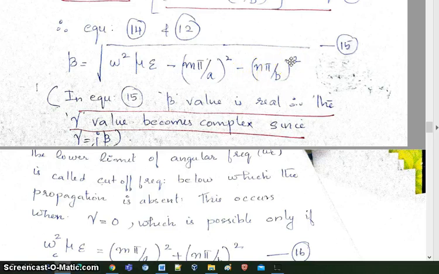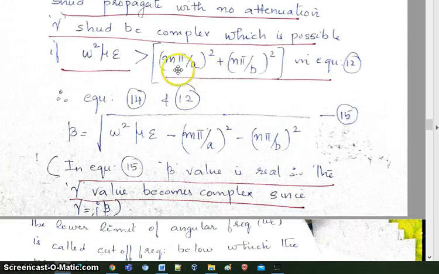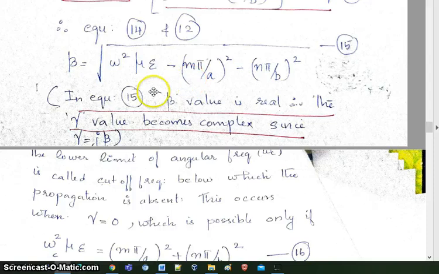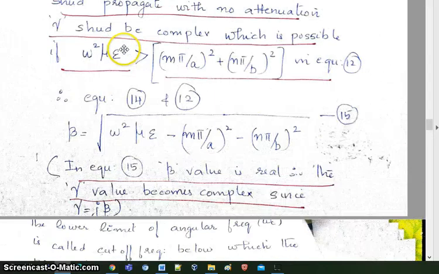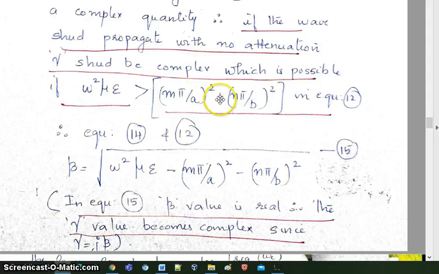So why I am writing it is, earlier we arrived at the condition that if a wave has to propagate through a waveguide without any attenuation, then this term omega square mu epsilon should be greater than this term.